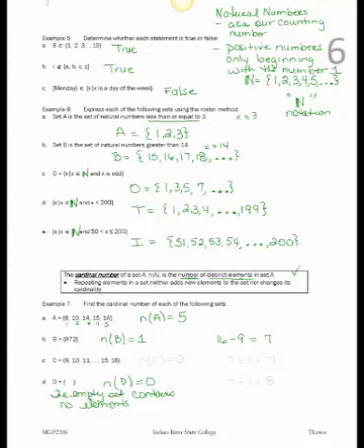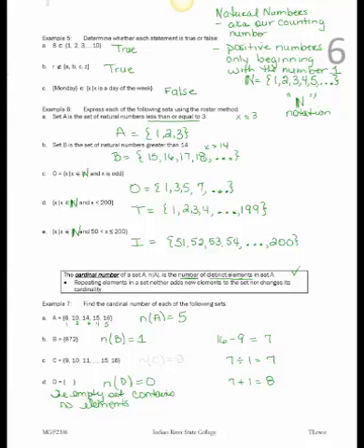Then we're going to look at the pattern of this set. So I want you to look at it. To get from 9 to 10, 10 to 11, 11 to 12, 12 to 13, what are we doing each time? We're adding 1. So from that pattern, since we're increasing by 1 each time, you're going to divide 7 by 1, which is 7, and then take the 7 and add 1 to that, and we have 8.